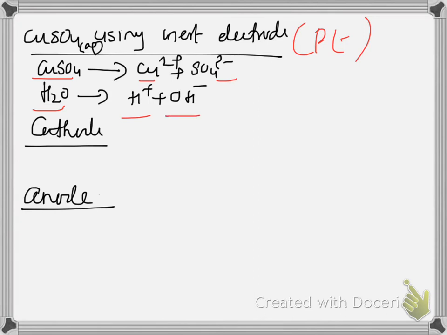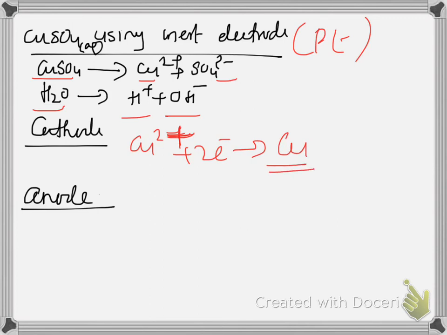At the cathode, again we have a competition of H+ and Cu2+, but because of the higher reduction potential of copper 2+, you have to check it in the electrochemical series. Copper possesses higher reduction potential. So Cu2+ will accept 2 electrons from the cathode and deposit as copper.